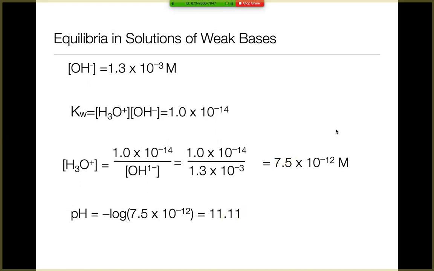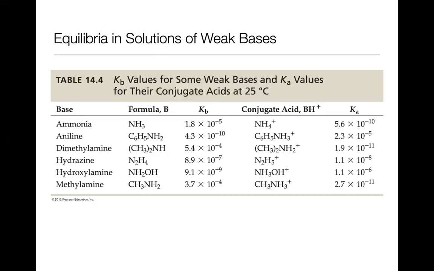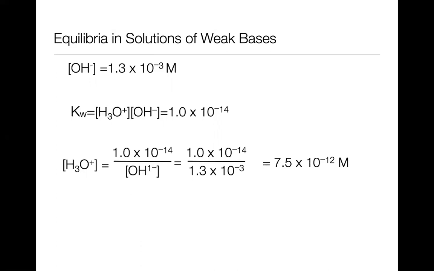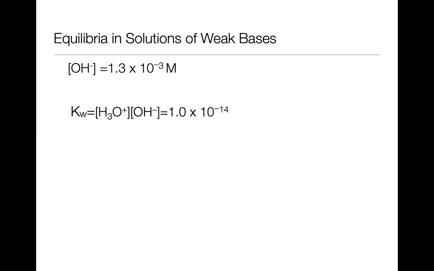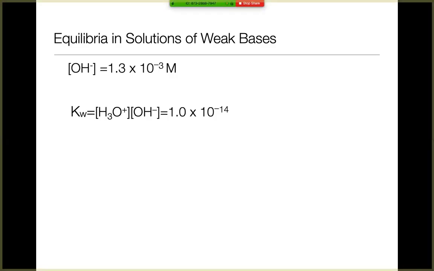Let me show you another alternative way. Instead of using Kw to get the concentration of hydronium and then taking the next step to get the pH, another alternative is to apply the negative log to this entire equation.